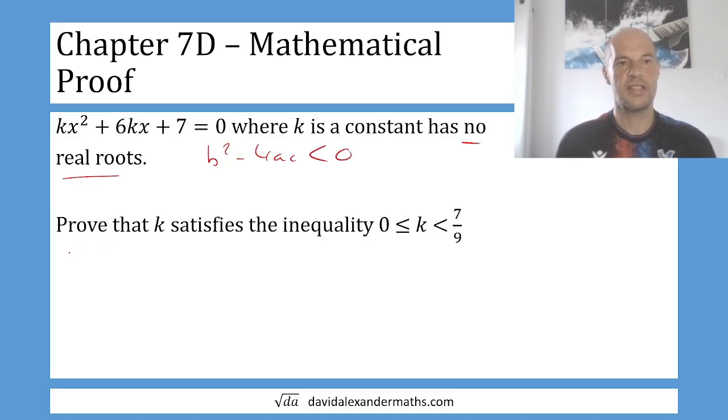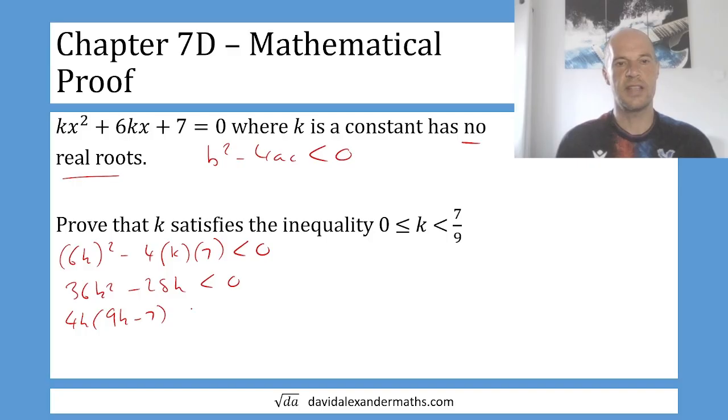So b is 6k, so that is 6k all squared, take away 4 times a, which is k, times c, which is 7, must be less than 0. So 36k squared minus 28k is less than 0. I can factorise this, as it's divisible by 4 and k, so 4k, times 9k minus 7, is less than 0.